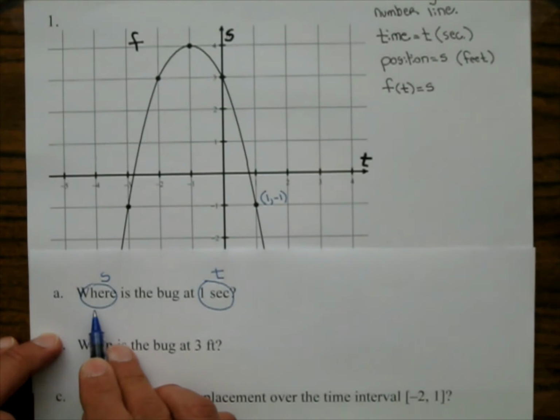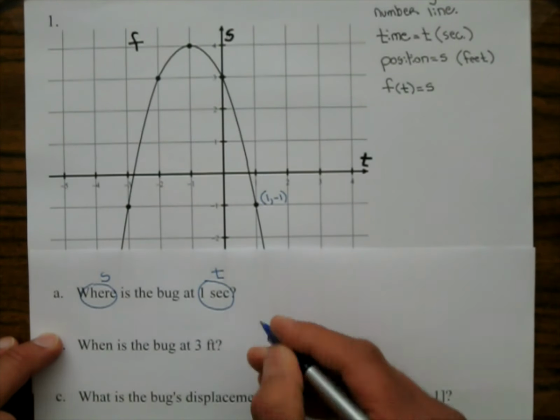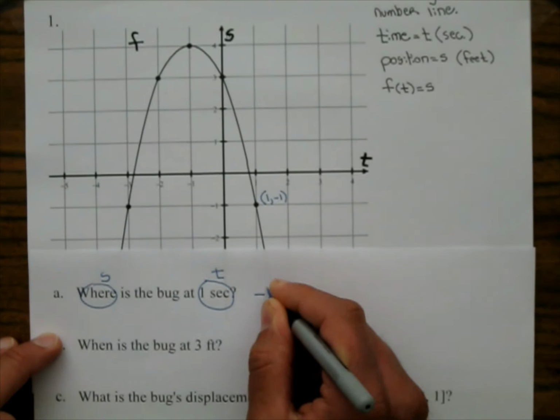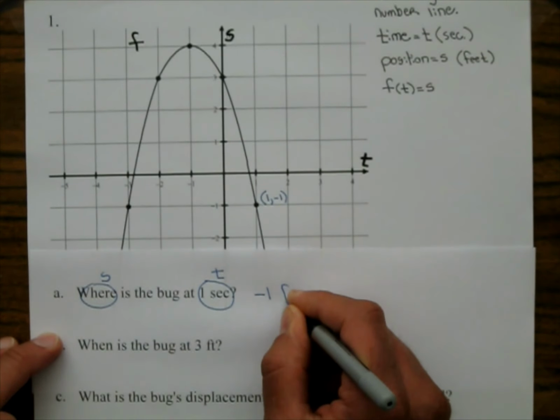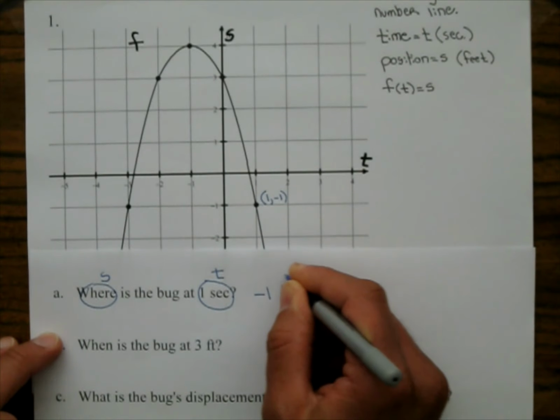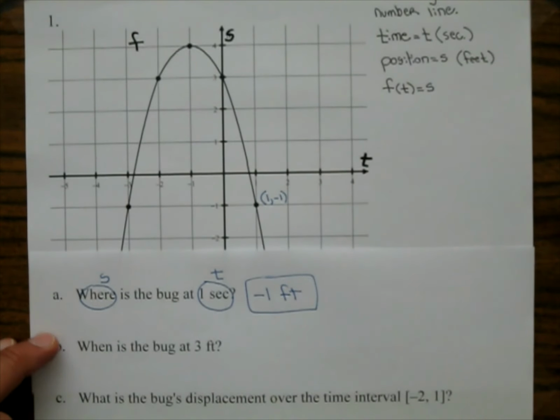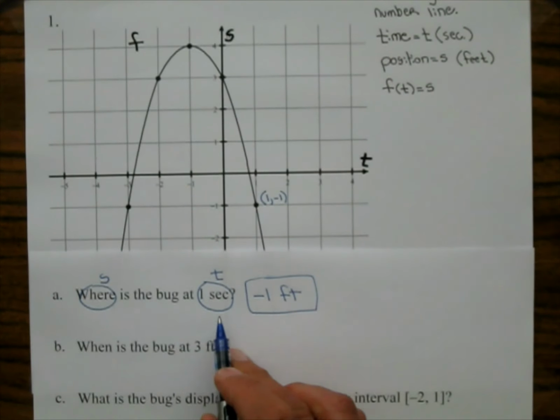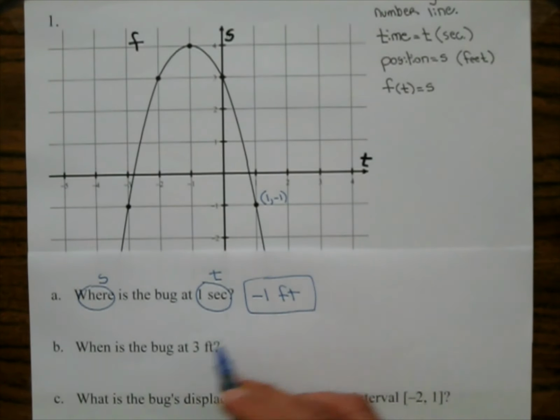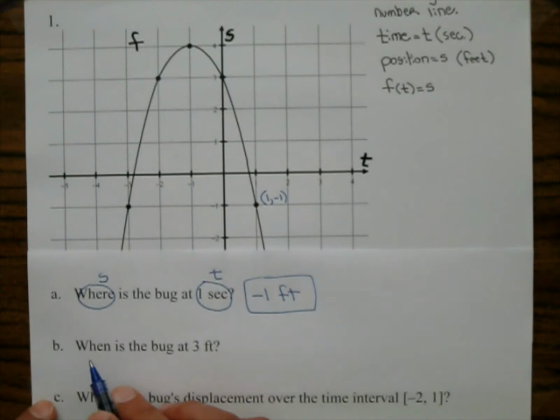So the answer, where is the bug at 1 second? At -1 feet. So you'll get problems like that in your homework. Where is the bug at 1 second? -1 feet.